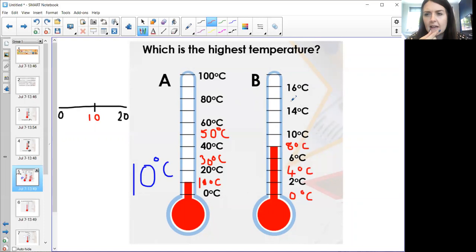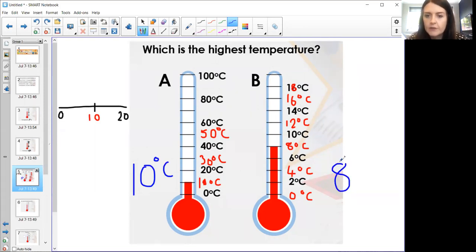I think there's a mistake on this. It should be going up in our 2s, and this one should be 16 and this one should be 18. So I'm going to change that. So that one should be 16 and this one should be 12 because they all make sense, don't they, apart from that one. Okay, so if we look at where the temperature is going up to on this one, it's taking us up to 8 degrees Celsius.